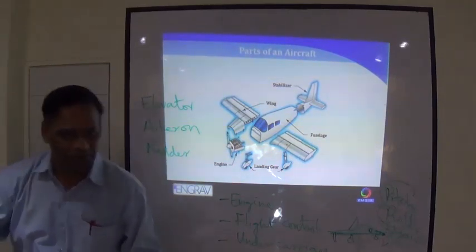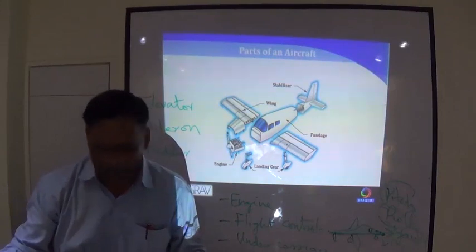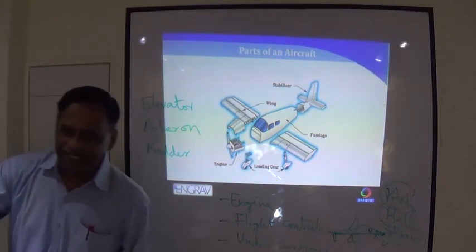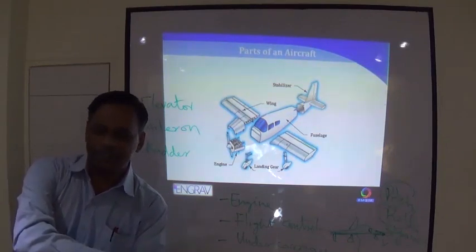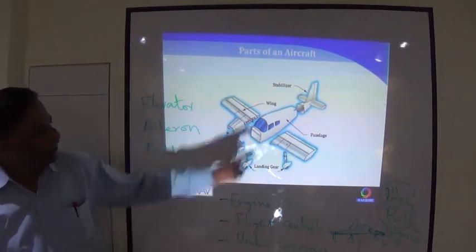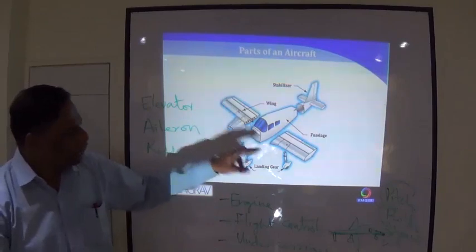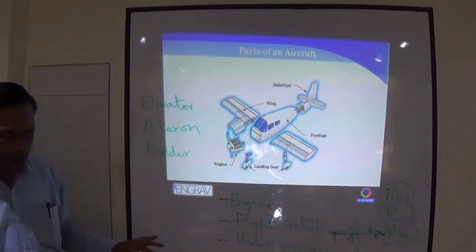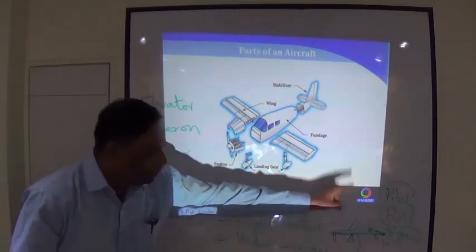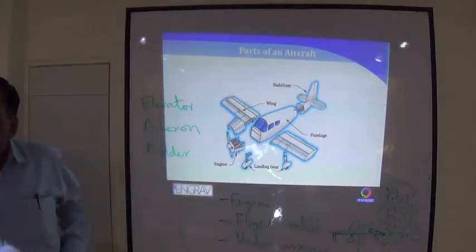Otherwise you will have multiple inputs going into the aircraft systems. So if the pilot or co-pilot turns left, you will see the other control column also turning left on its own. By doing this, these three controls are getting manipulated, and based on that, the pitch, roll and yaw.